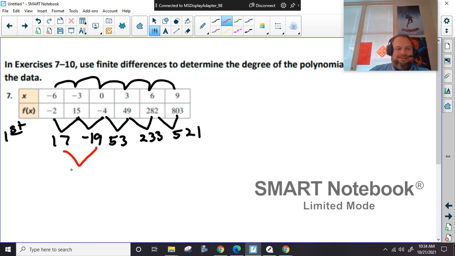So let's see. From 17 to negative 19, so negative 36. All right. Let's see. 53 minus negative 19. All right. This is 72.